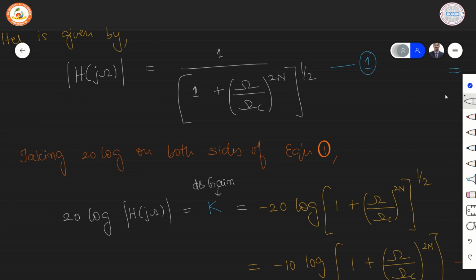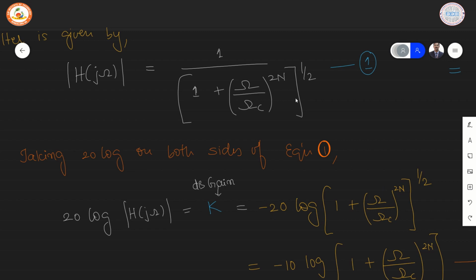Coming to the quantity on the right hand side, once you apply the log, we take the denominator quantity into the numerator part. The sign of the exponent changes from plus to minus. And once the minus sign is brought out, the 20 log becomes negative.